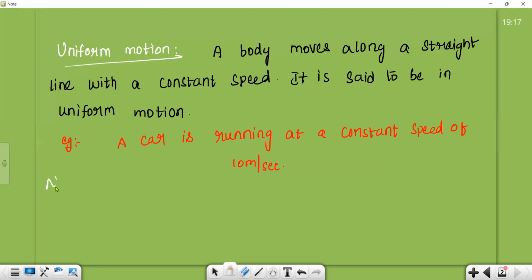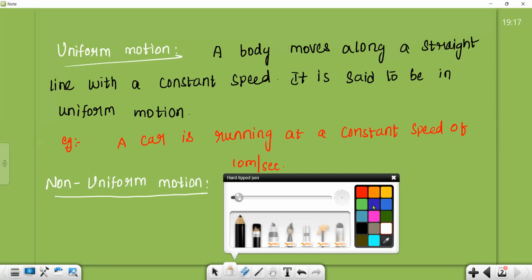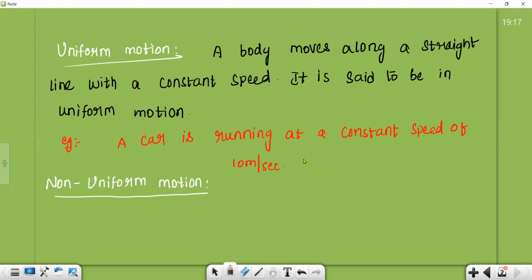What is uniform and non-uniform? Yes, ma'am. A body which does not move along a straight line and also does not have a constant speed. So if the body is not moving along a straight line, its speed keeps changing.